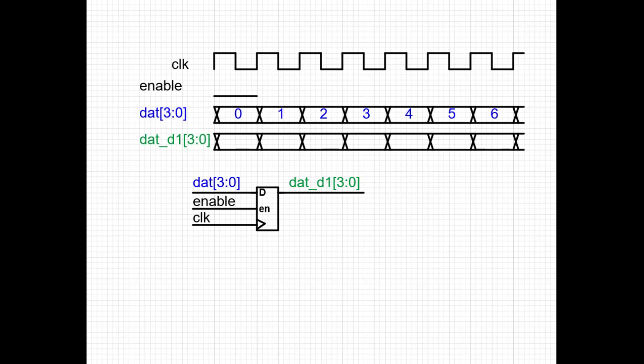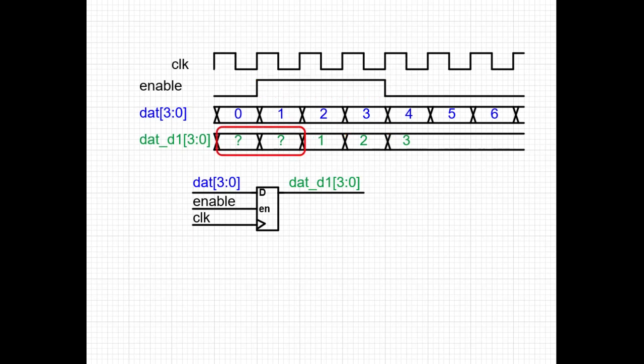We understand that the output will transition, if it's going to transition, at each rising clock edge, and will apply an enable that looks like this. We can see that while the enable is active, the values 1, 2, and 3 will appear out of the register 1 clock after the inputs.